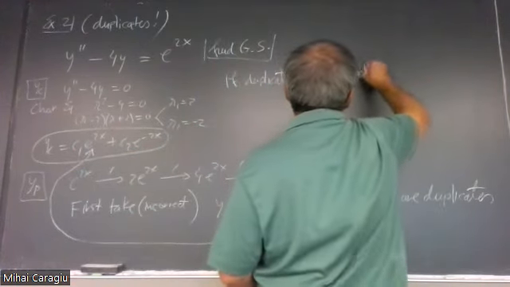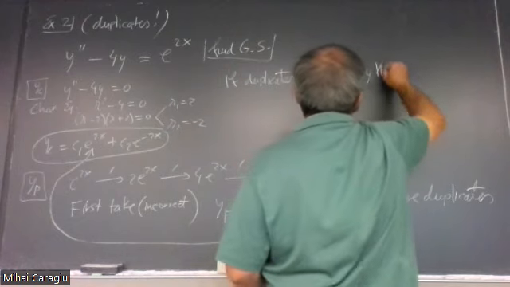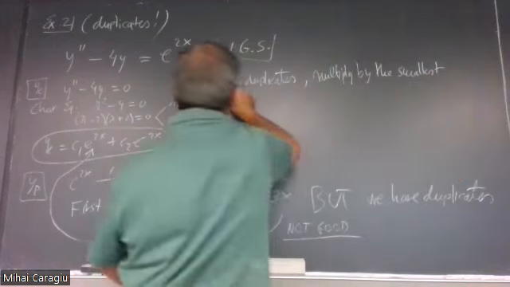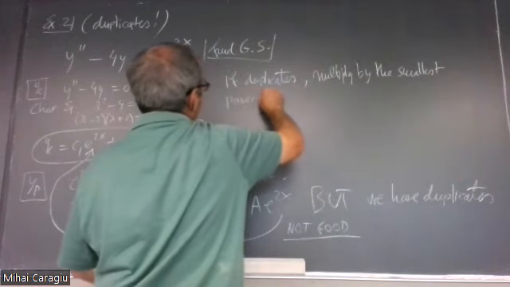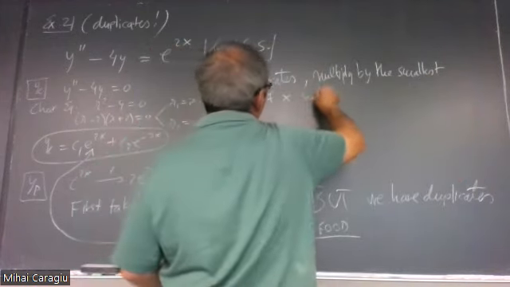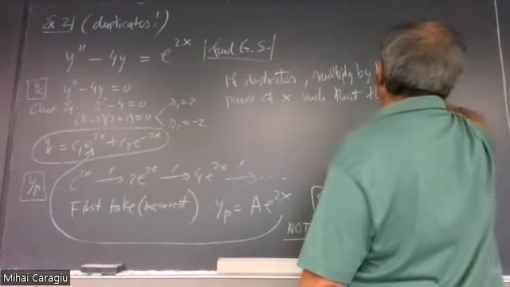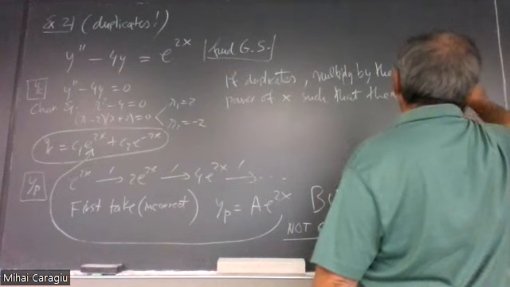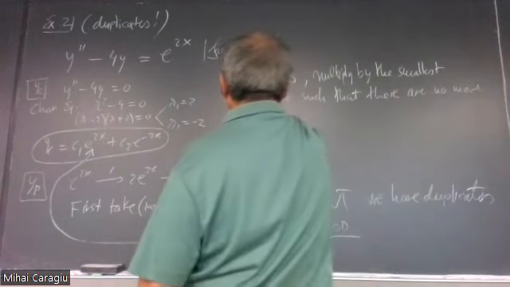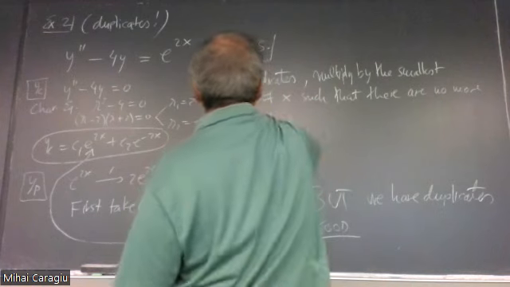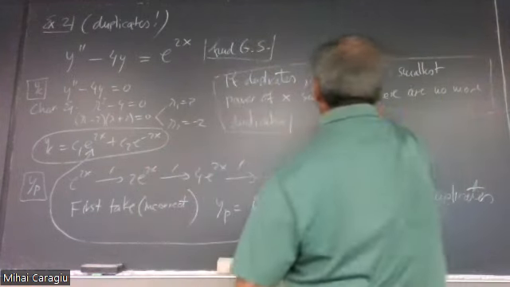Multiply by the smallest power of x such that there are no more duplicates. So that's the procedure.